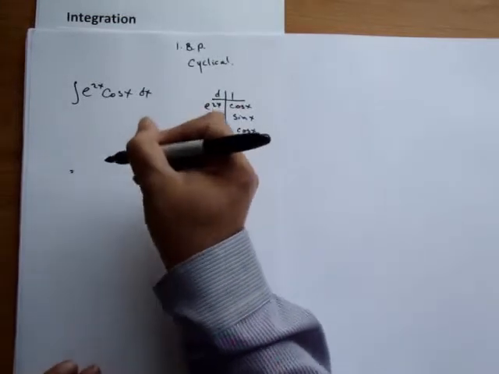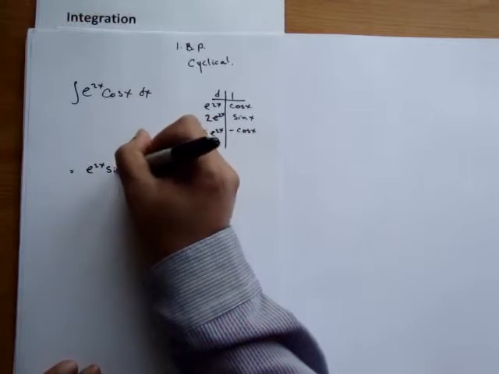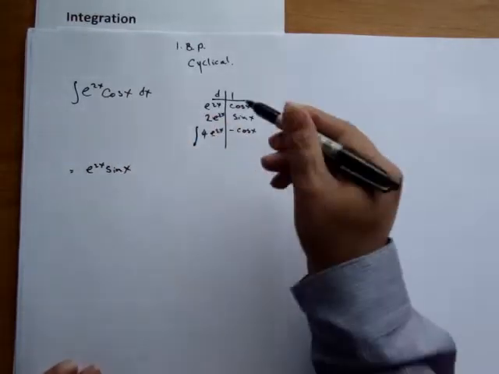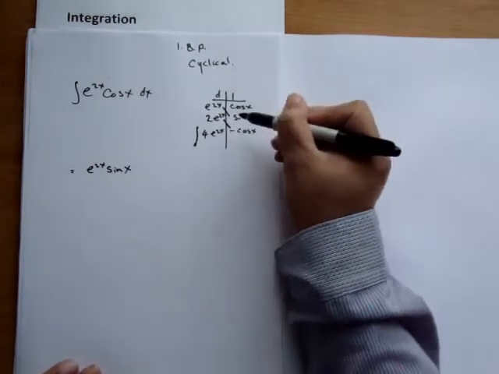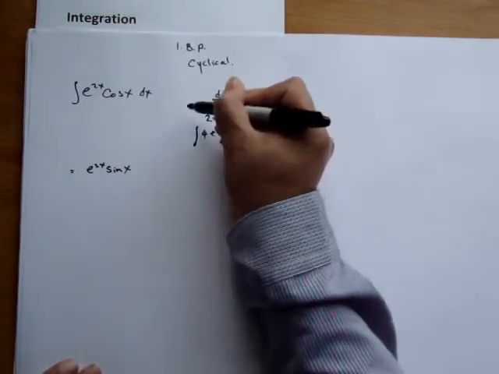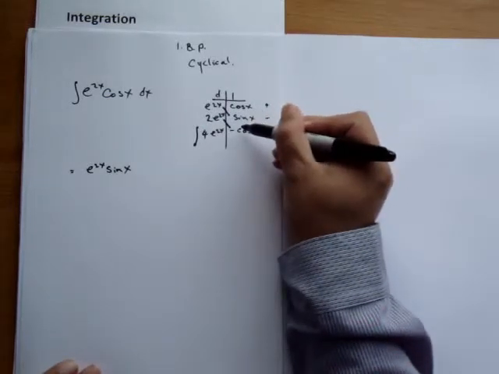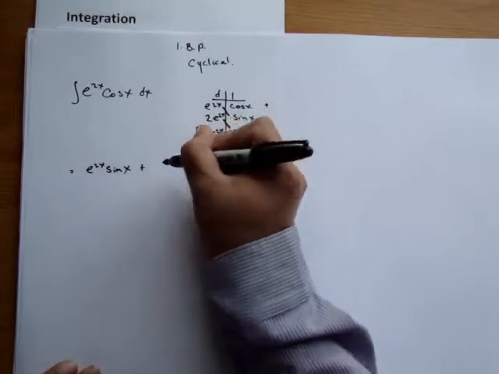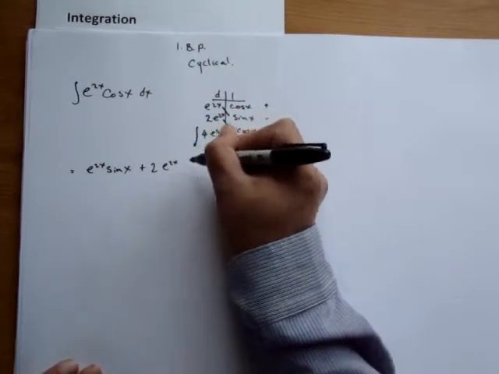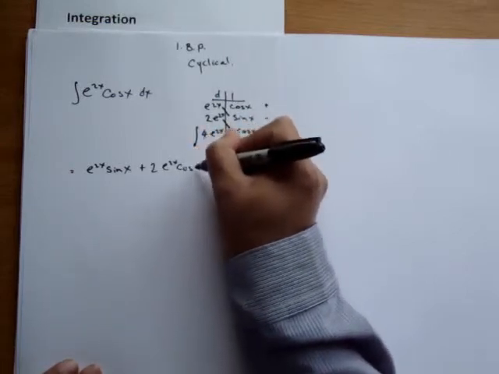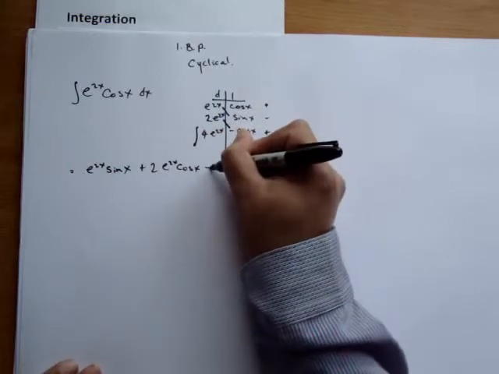So this becomes e to the 2x sin x when we go across here, and then we go across here, minus, let's go plus, minus, plus, a minus is a plus, 2e to the 2x cos x, and then plus, and the minus cos makes that a minus.